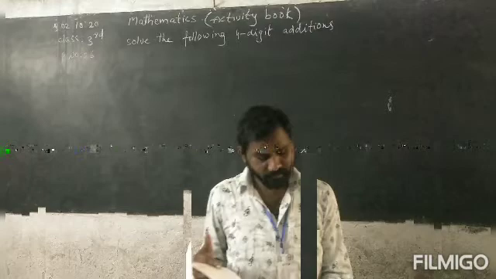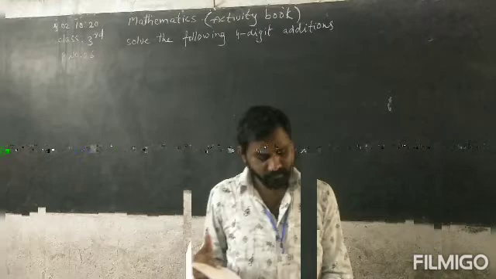See here, solve the following 4-digit additions. See, the first one is 3104 plus 6145, beta.